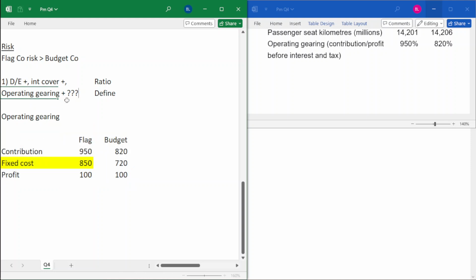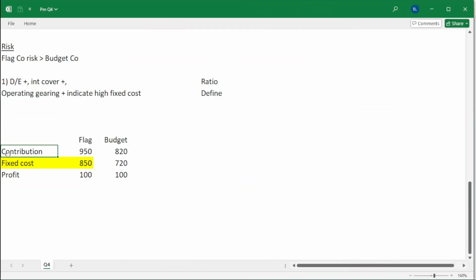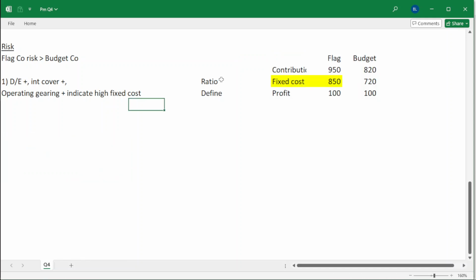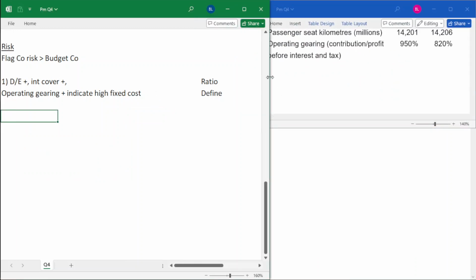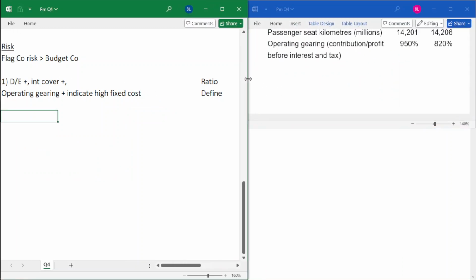So we can say it indicates high fixed cost. Okay.